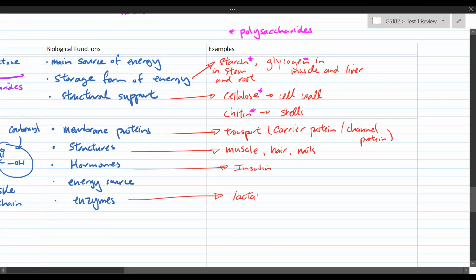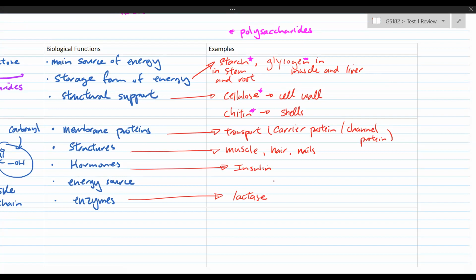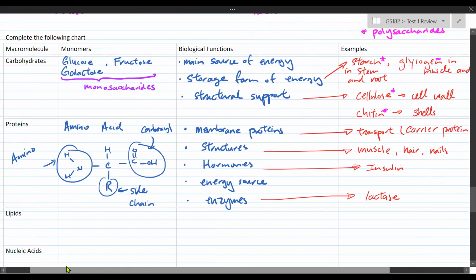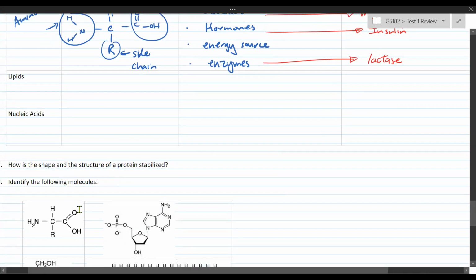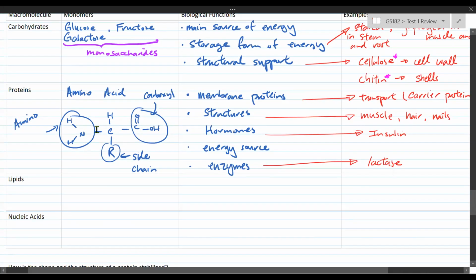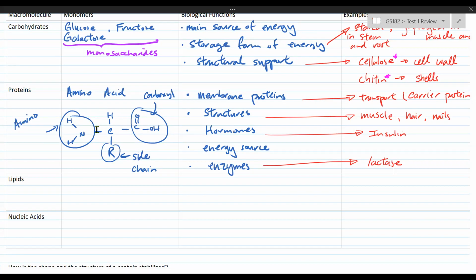And we have the lactase. All right, so lots of work you guys need to do. For the proteins, of course, there's also the different levels, the primary, secondary, which we'll review in a second, I guess.